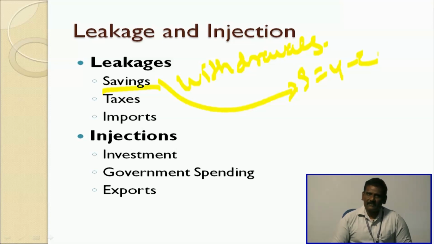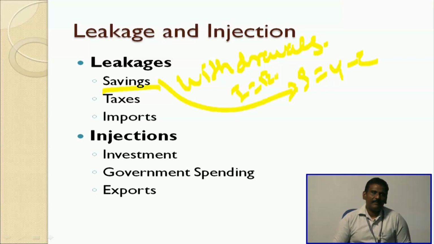The first assumption in the two-sector economy is that the entire income is equal to expenses, but here the entire income is not spent on consumption. So, that is a problem. What happens to the remaining amount? It is kept in the form of savings.